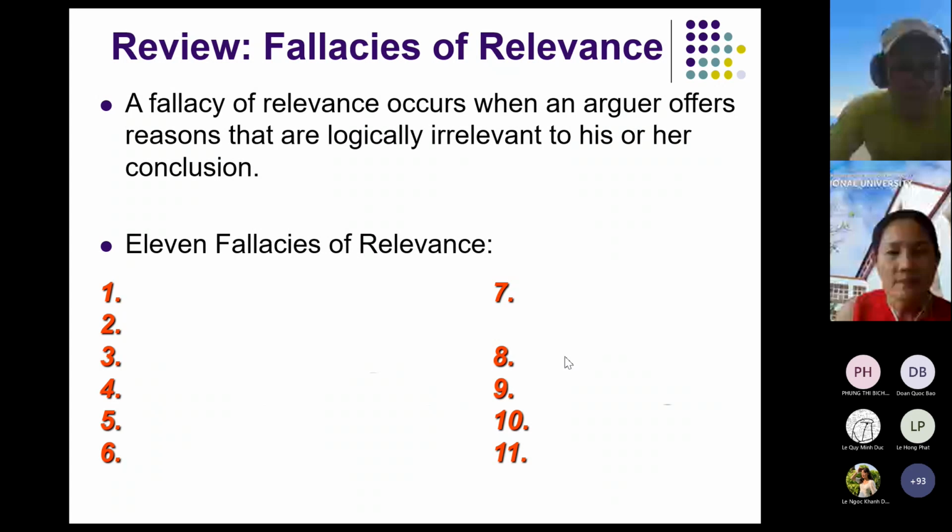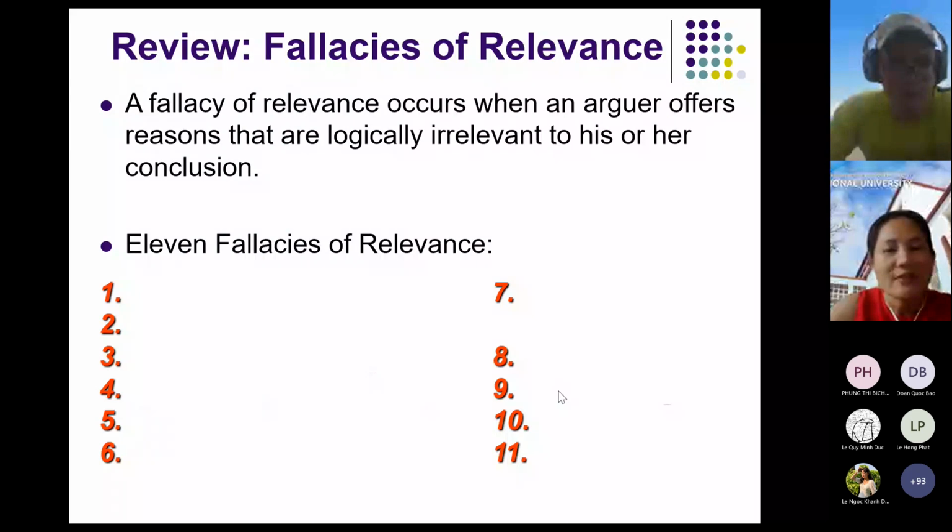There are 11 fallacies of relevance. The first one is personal attack. Two is attacking the motive. Number 3 is red herring. Number 4 is equivocation.